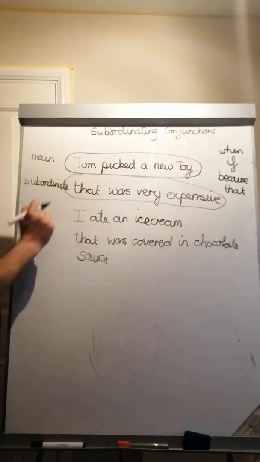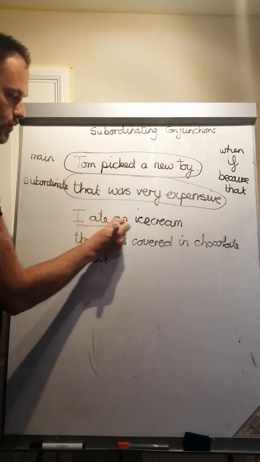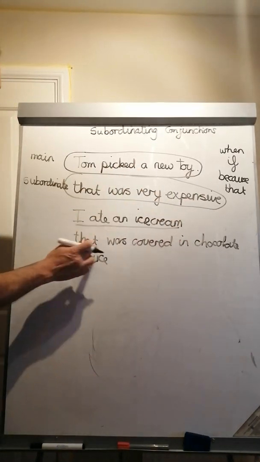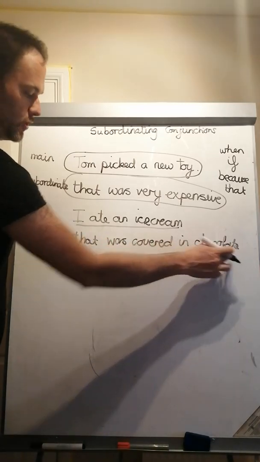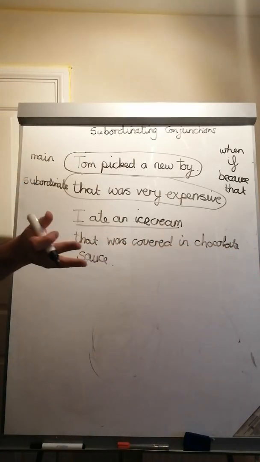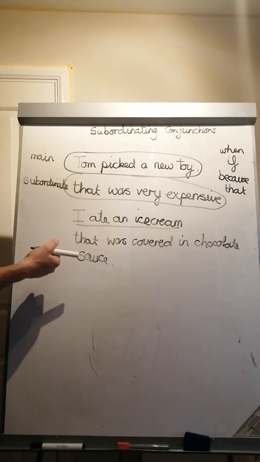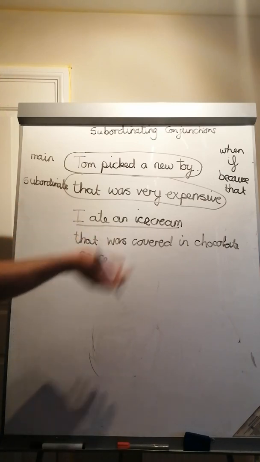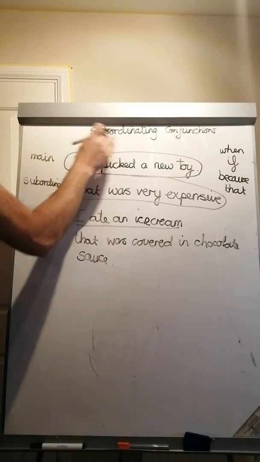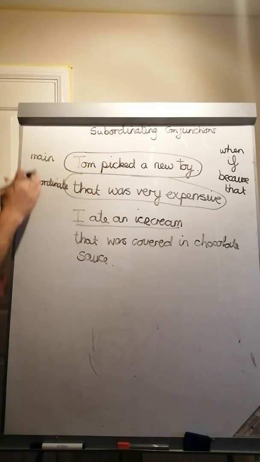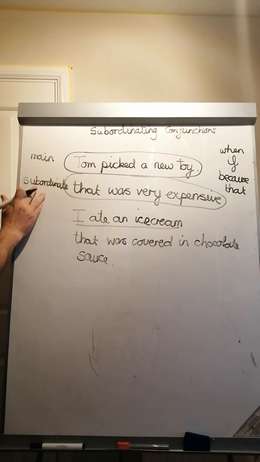Okay, I ate an ice cream. That will be our main clause because that makes sense by itself. Was covered in chocolate sauce. That does not make sense by itself. So that's got to be our subordinate clause. So these are called subordinating conjunctions because they join the main clause to a subordinate clause or a lesser part that doesn't make sense by itself.